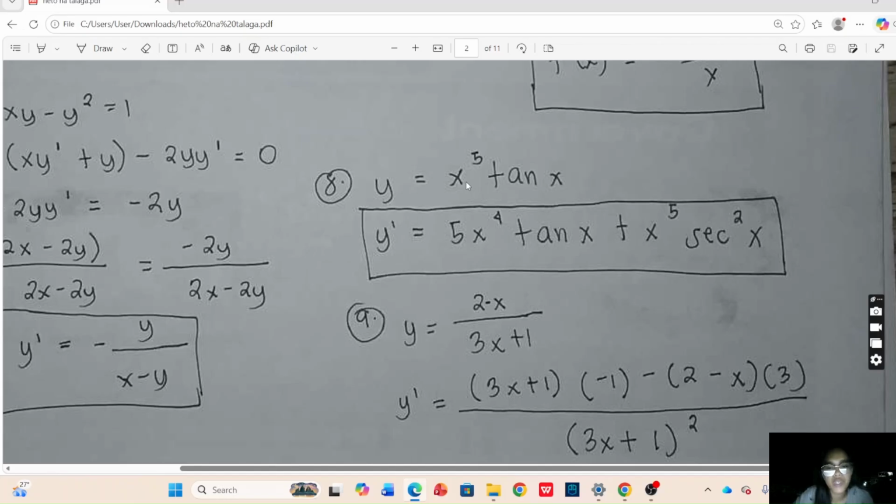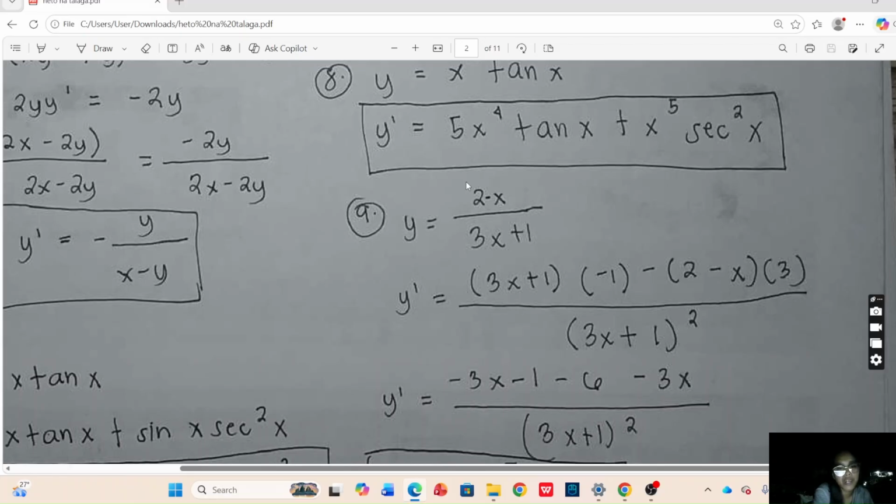The derivative of x raised to the fifth is 5x raised to the fourth, while the derivative of tangent x is secant squared x. So we substitute into the formula of the product rule, u dv plus v du, and the final derivative becomes 5x raised to the fourth multiplied by tan x plus x raised to 5 multiplied by sec squared x.